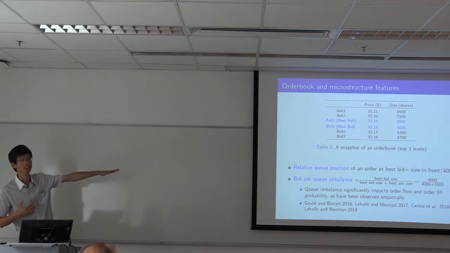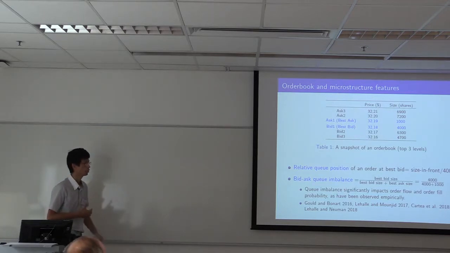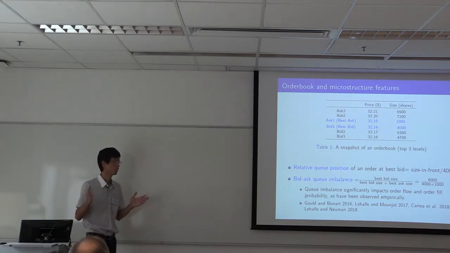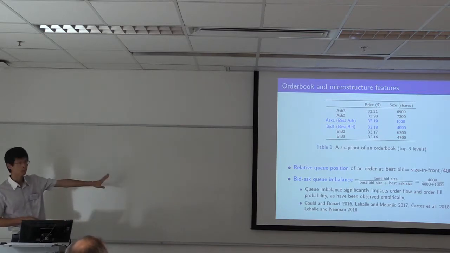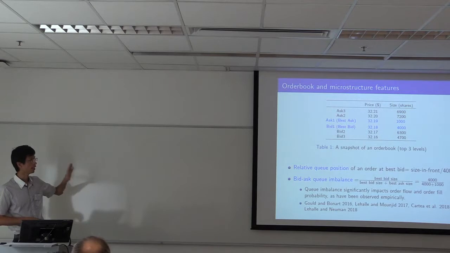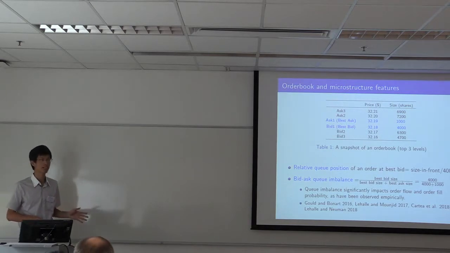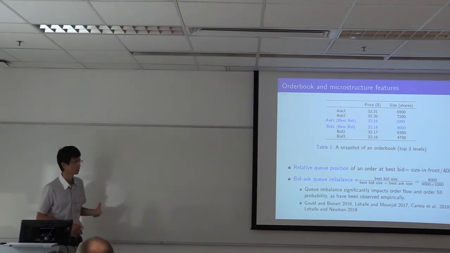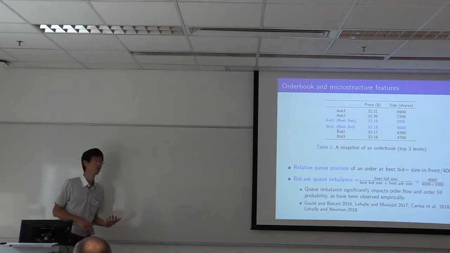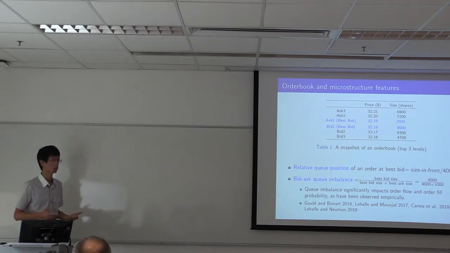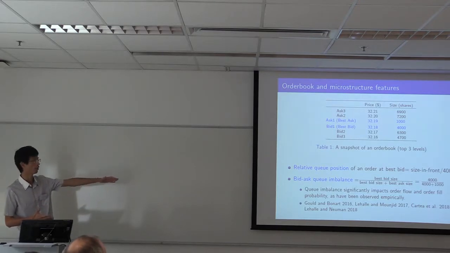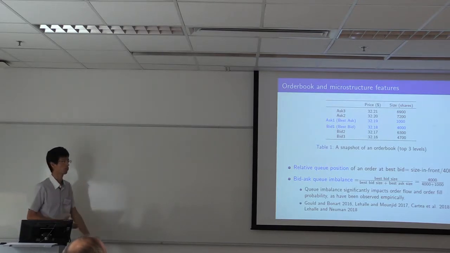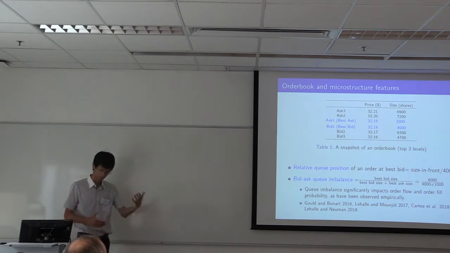I have used this particular definition so that the imbalance lies in the interval from 0 to 1. Why is this quantity important? There has been lots of empirical evidence showing that this feature significantly impacts the order flow and the fill probability of orders. In fact, many practitioners use this type of signal to predict when the price will move for the next tick.